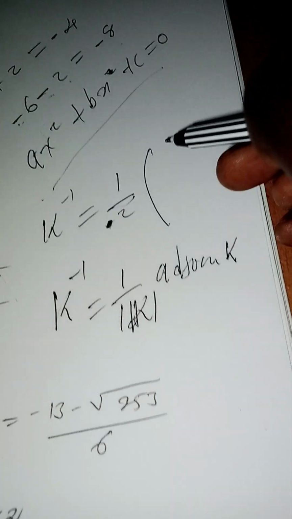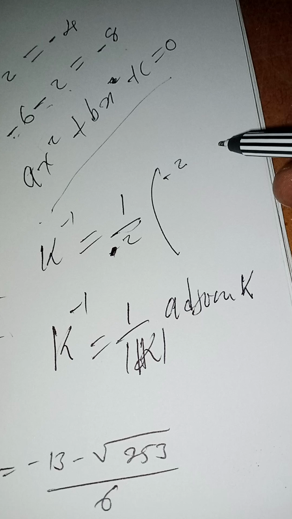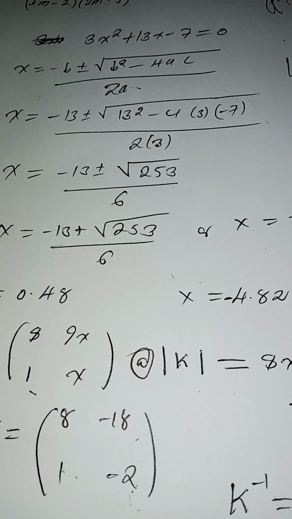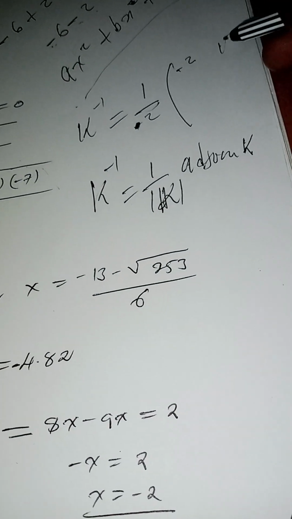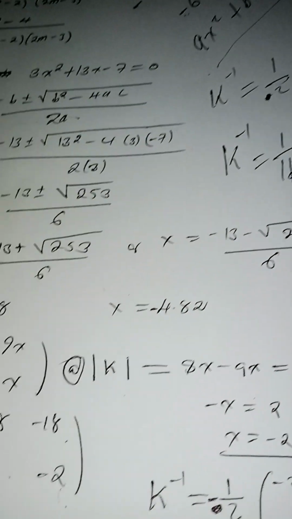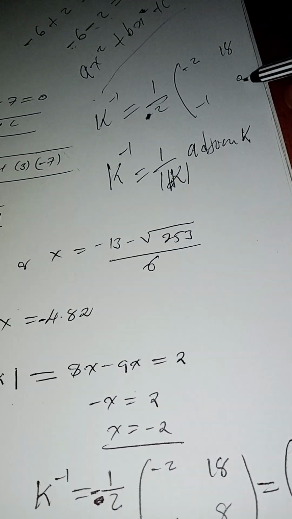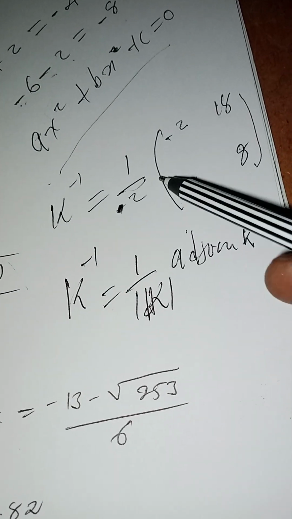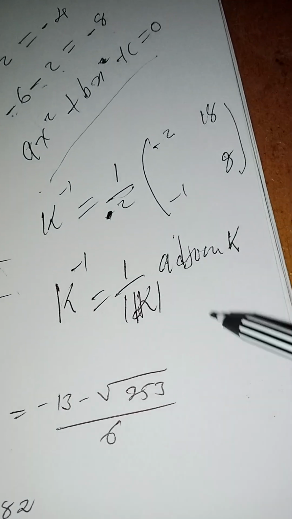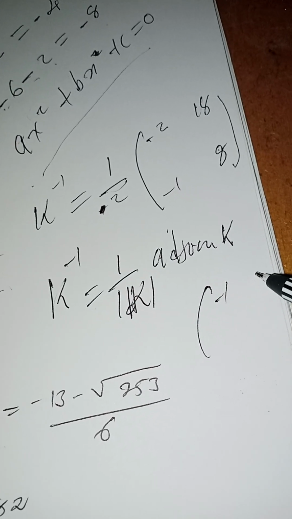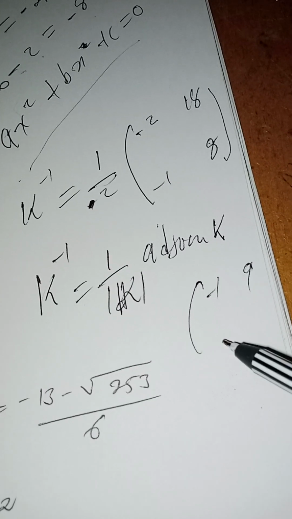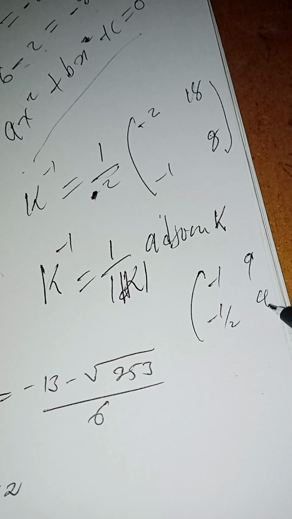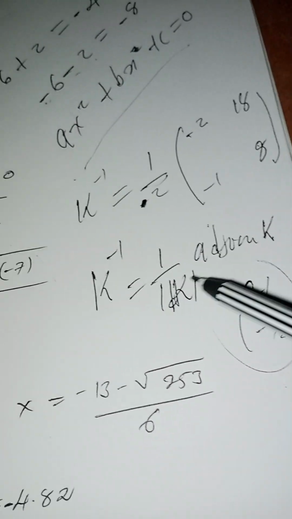So we'll have negative 2, and then I'm going to have 18, and this will be negative 1. Then this side I'll have 8. So essentially, that is the inverse, of which you can even expand this times that. So you have negative 1, and then you're going to have 9 here. Then you have negative 1 over 2. Then you have 4. That will be the inverse of matrix K.